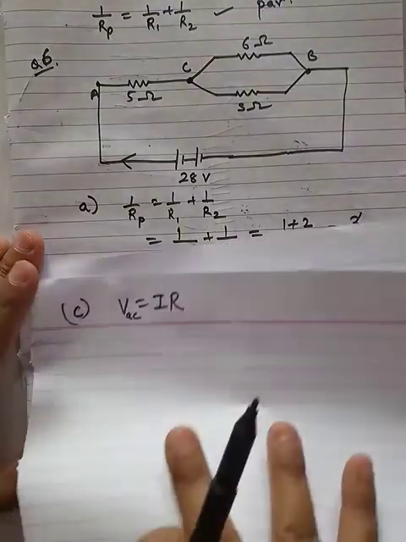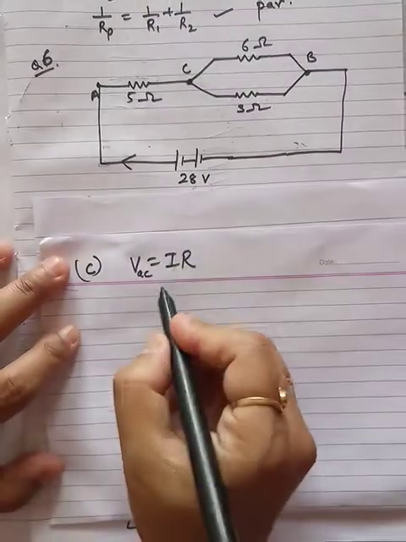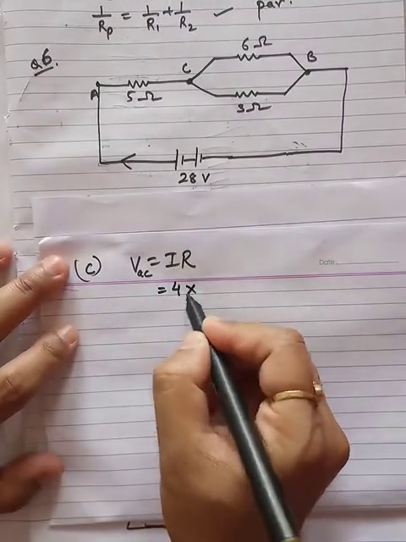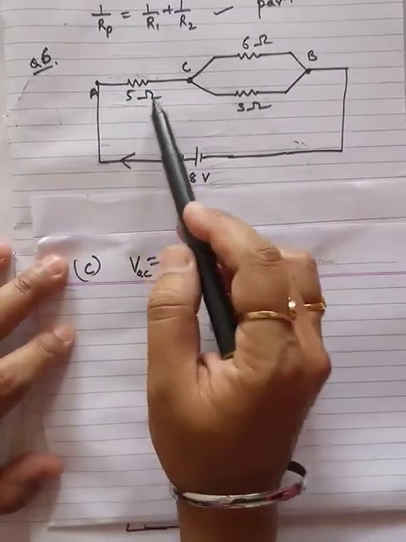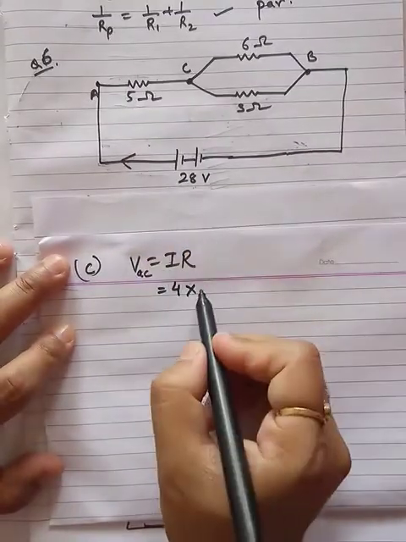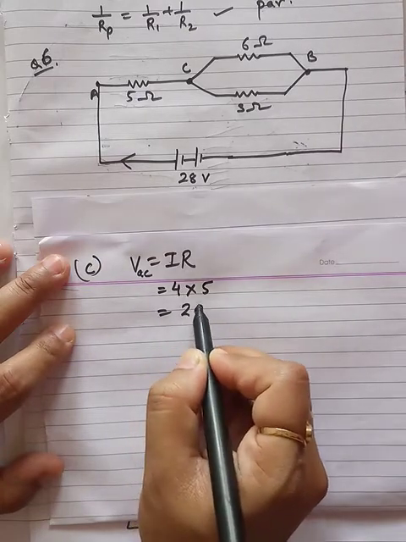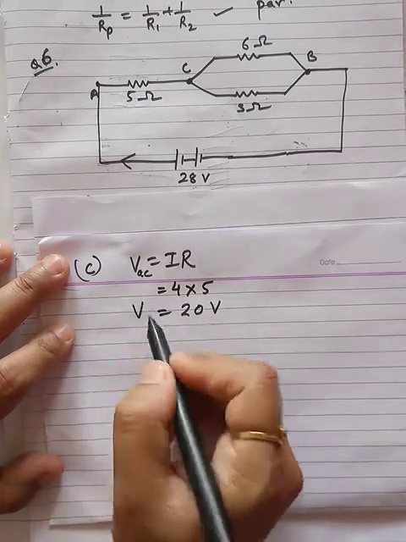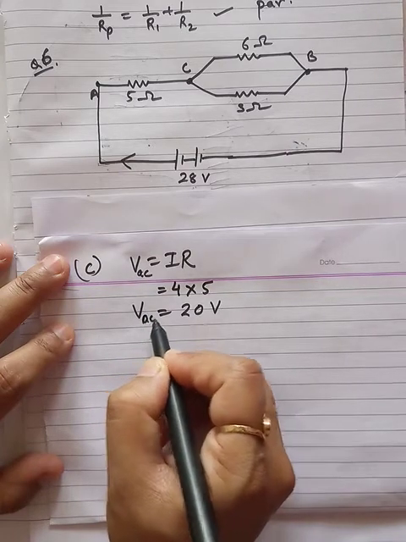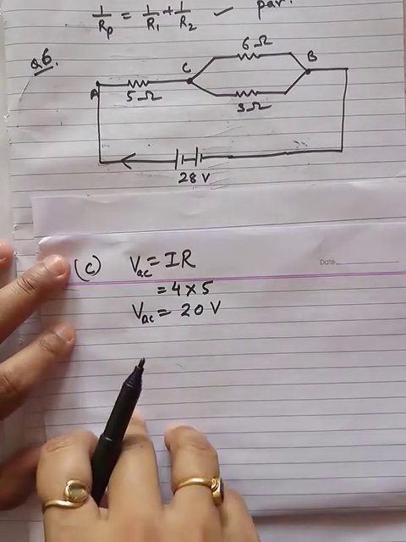So I will be 4 ampere multiplied by R. What is R in AC? That is 5 ohm. So 4 multiplied by 5 is 20 volt. So potential difference across AC will be 20 volt.